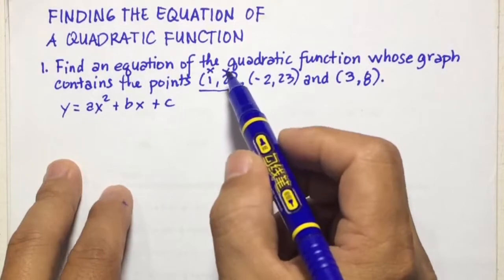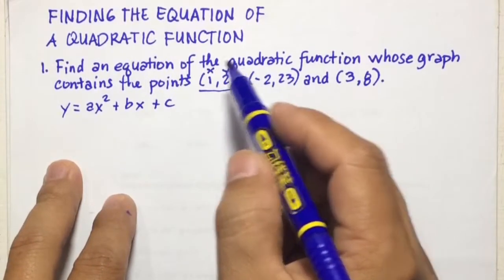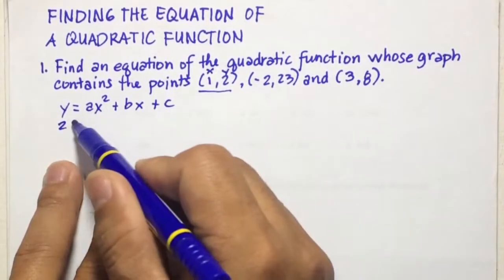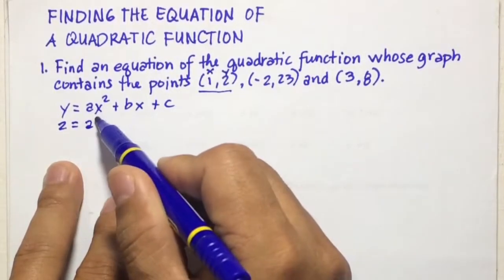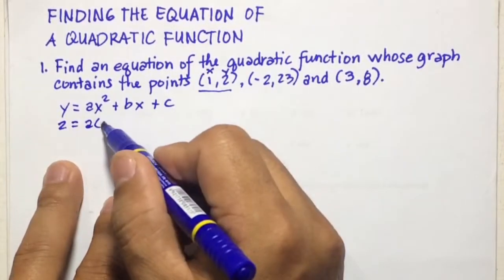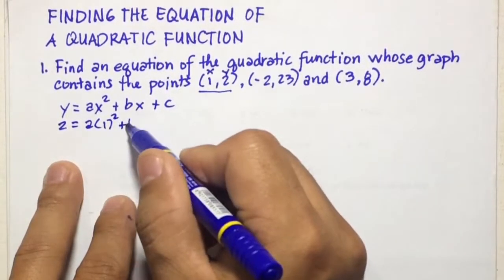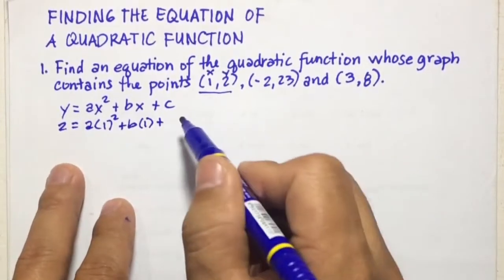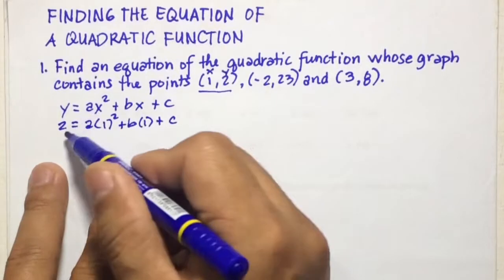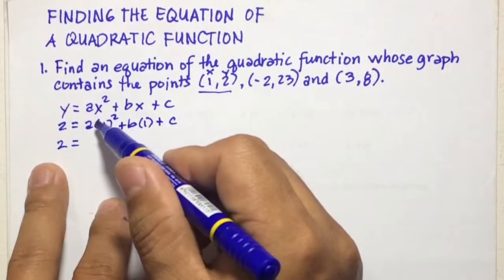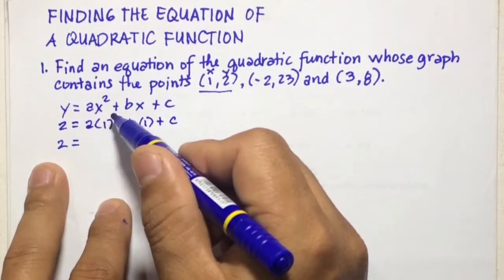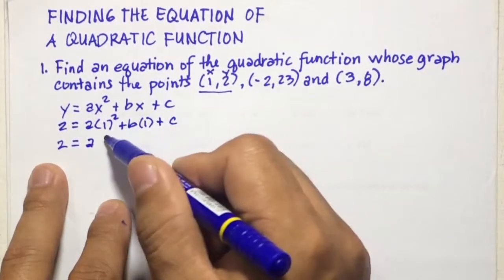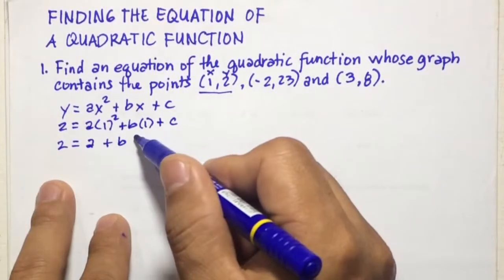If we substitute x with 1 and y equals 2, we have 2 equals a times 1 squared, plus b times 1, plus c. That is 2 equals a, since 1 squared is 1, plus b, plus c.